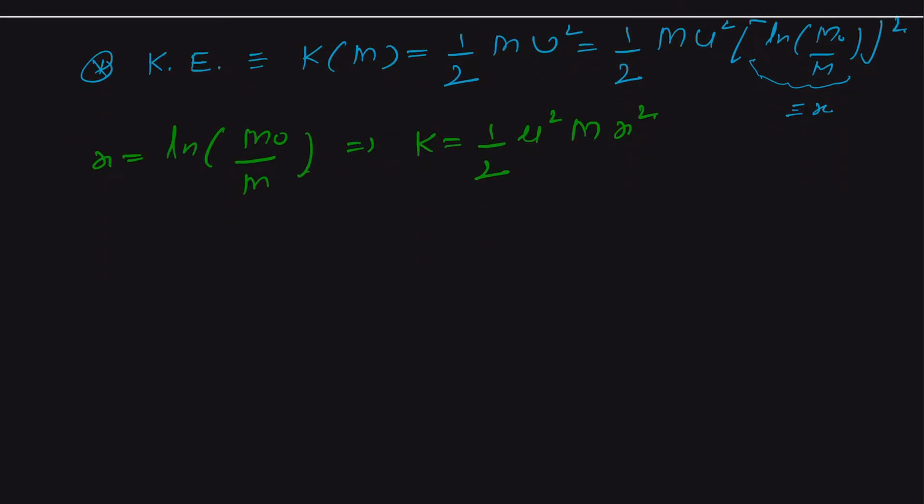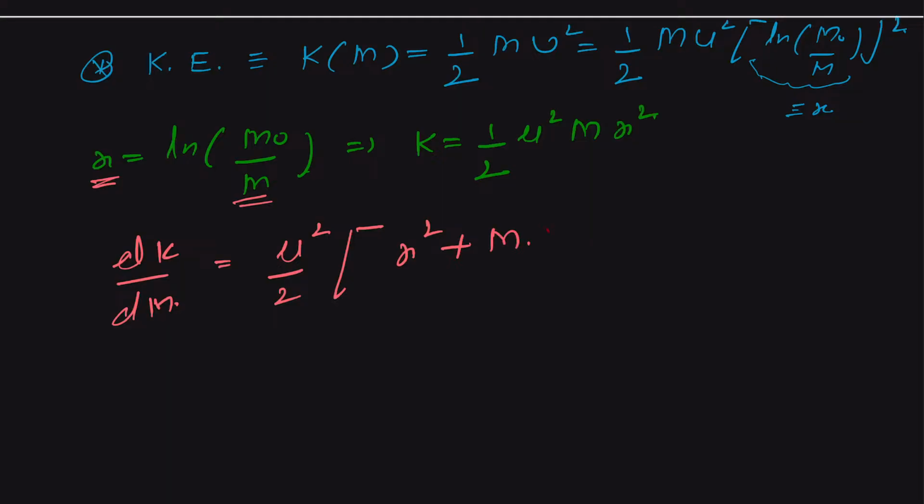Now we differentiate it, and we have to remember that we are going to differentiate with respect to our mass m, and x is also dependent upon m, so that's not independent. So u square upon 2 we can take as common. This will be x square plus m times 2x dx upon dm.